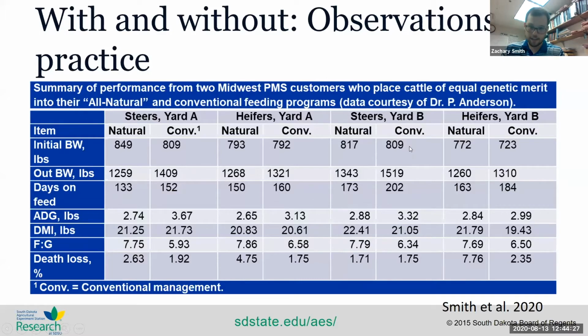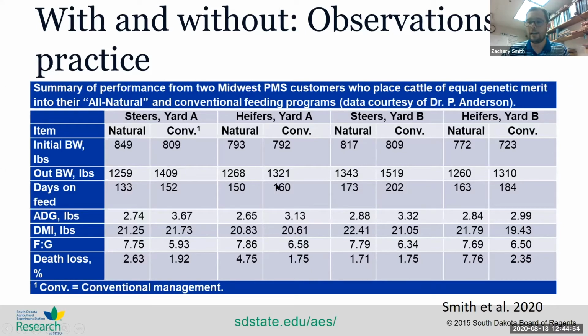And here's an entirely different yard where these cattle have more days on feed, they weigh more, but their overall average daily gain is about 13% different. And then here with the heifers, it's only 5% different. Really no differences in intake amongst the yards, but a range from 16 to 23% differences in feed conversion ratio.